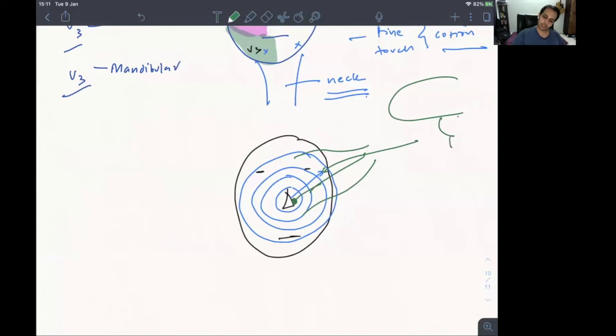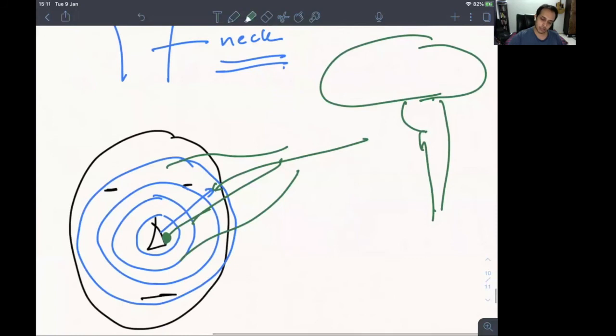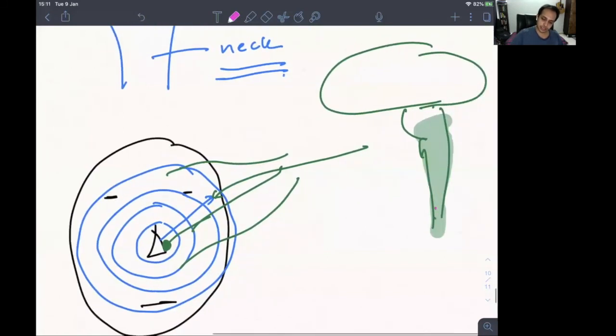So if this is the brainstem, your trigeminal nerve nucleus extends all the way from the lower part of the midbrain to the cervical cord. The part of the nucleus that supplies the outer part of the face arises from the lower aspect, and the part that supplies the center of the face arises from the upper aspect.